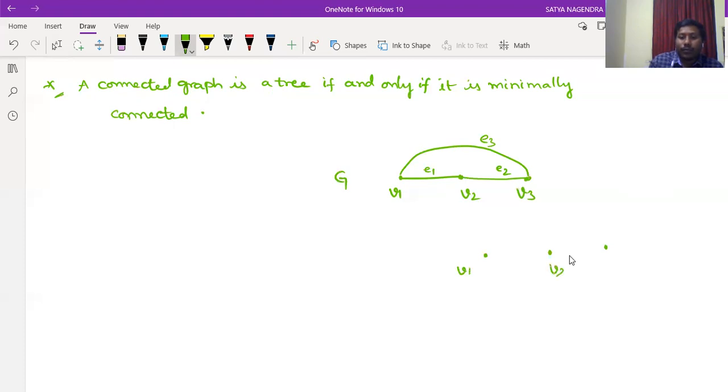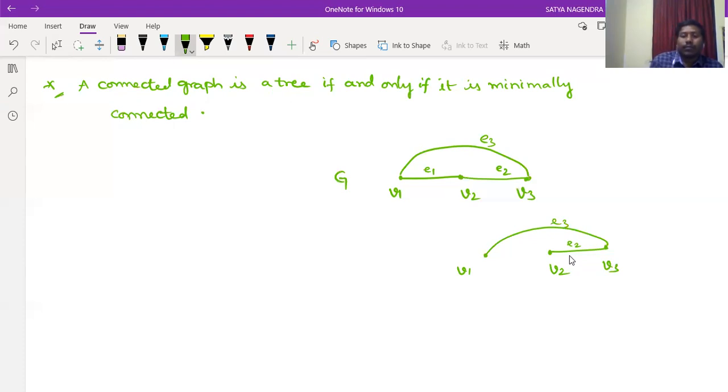Here I am removing E1, then between V2 and V3 there is an edge, and between V1 and V3 there is an edge. E2, E3 are there. So now you observe this is a connected graph.